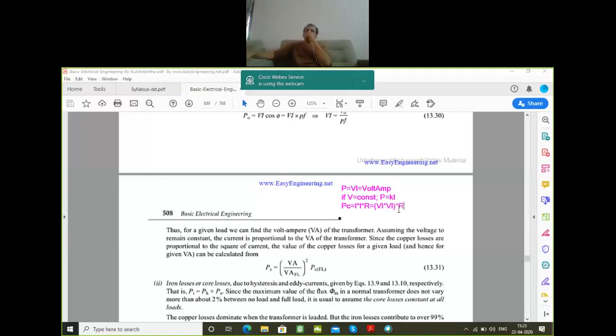Now we have copper loss at full load and copper loss at no load. At full load RL is connected; at no load there is no RL.